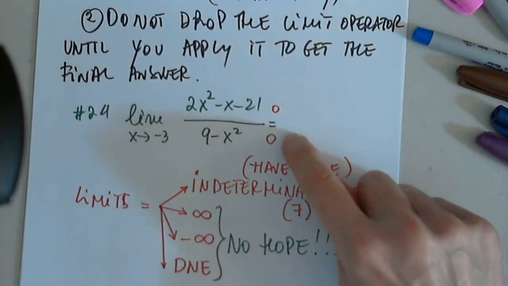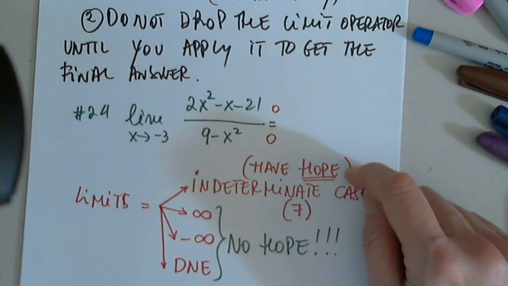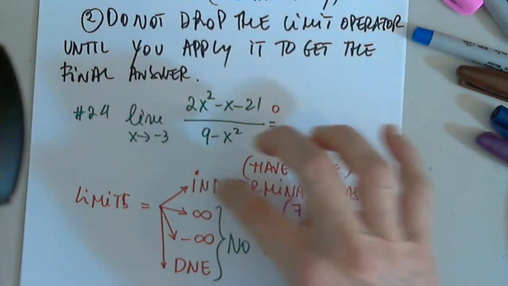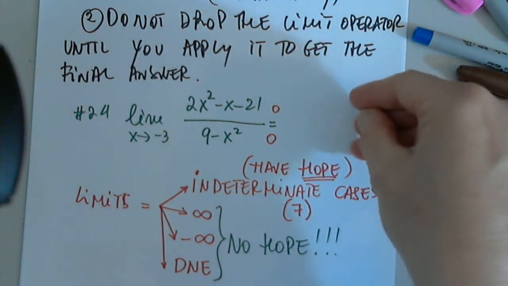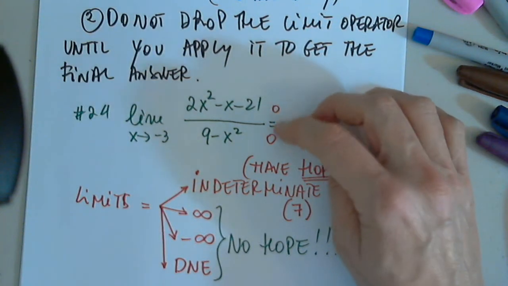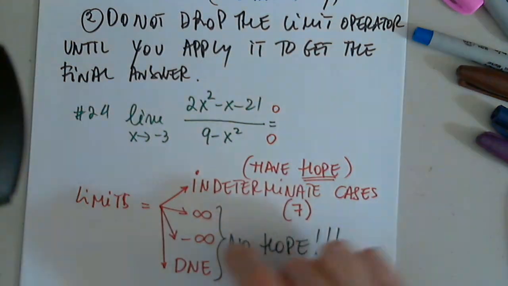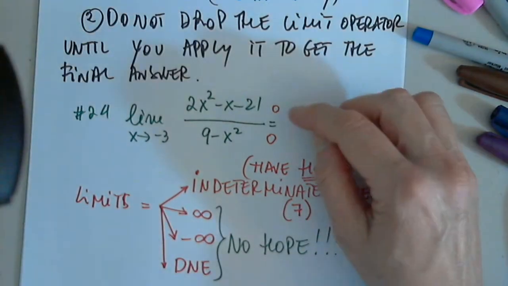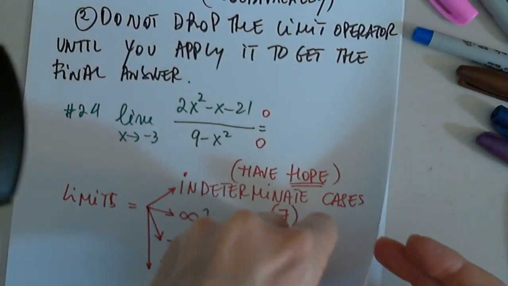But if I get an indeterminate case like this one, I'm not saying that the limit exists. I'm only saying that there is hope. This has chances of existing. I may be able to get a number at the end from 0 over 0 or any other of the 6 indeterminate cases. But if I get any of these, it's done. Closed forever. So I see that 0 over 0 has hope. So the limit may exist.